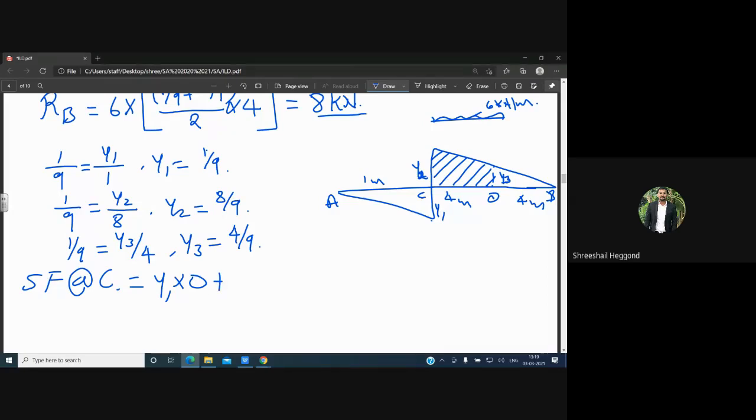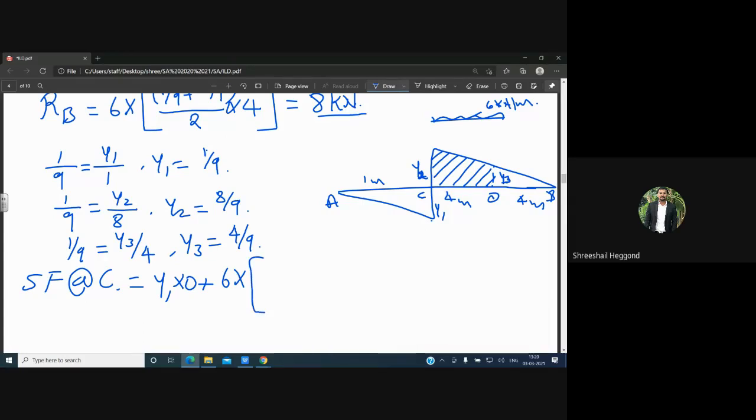plus, it is a UDL, therefore you need to multiply with the area of applied load. Area of applied load can be given as 6, the applied load, into the area of the trapezoid.